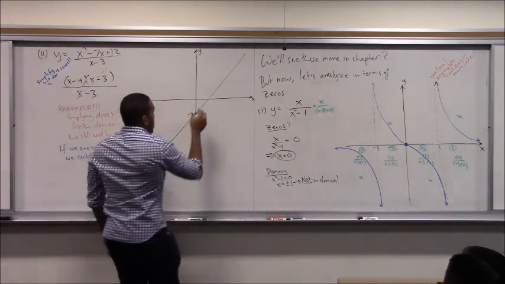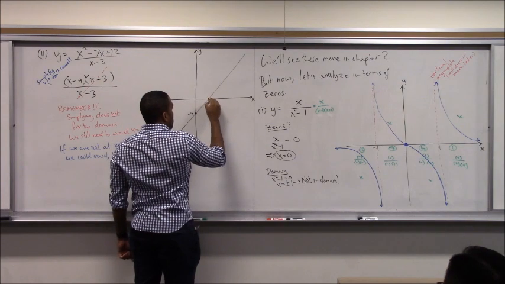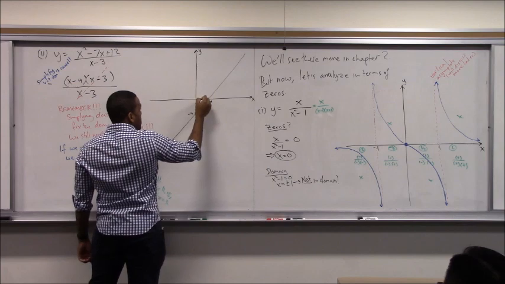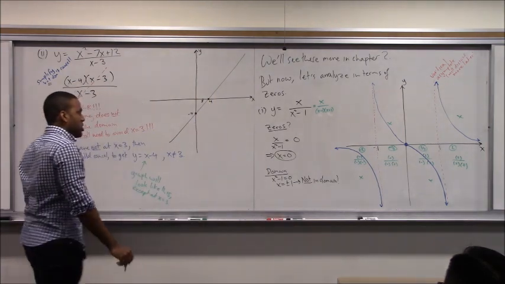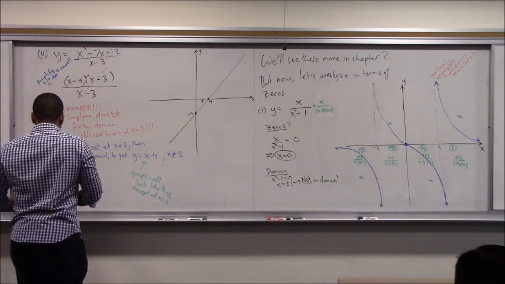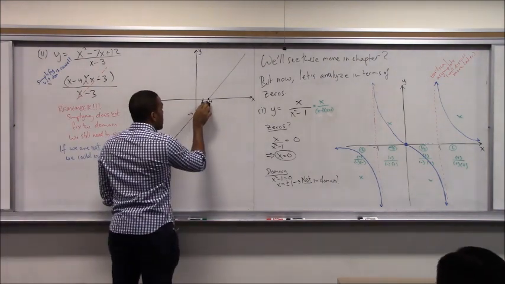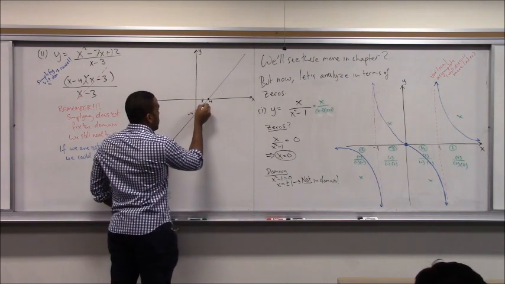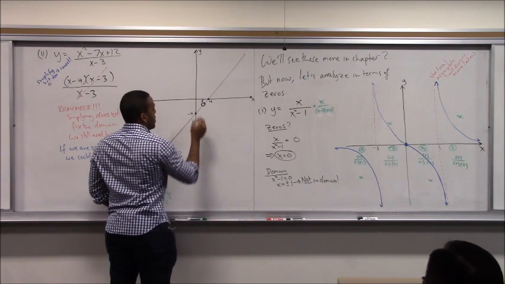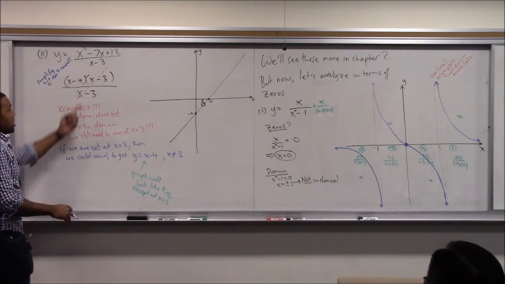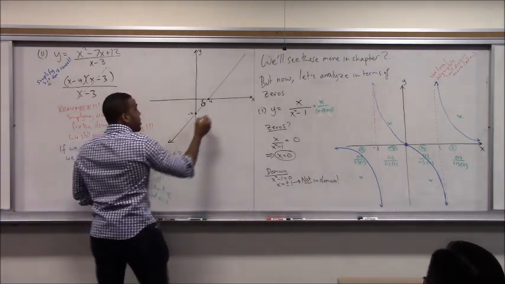It also crosses through here at 4, which means that our 3 is somewhere before there. I should probably draw on a different scale. And how you deal with this is at the 3, you put in a hole. So at 3 it's still not working, but at all other points it's just behaving like this line.